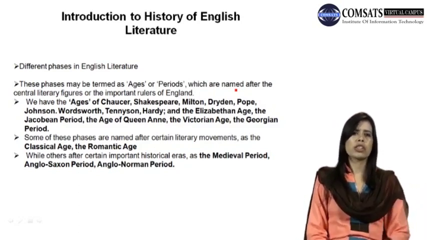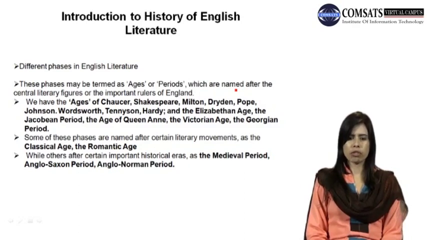In the history of English literature, we have the ages of Chaucer, Shakespeare, Milton, Dryden, Pope, Johnson, Wordsworth, Tennyson, Hardy. On the other hand, we have the Elizabethan age, Jacobean period, the age of Queen Anne, the Victorian age, and the Georgian period.